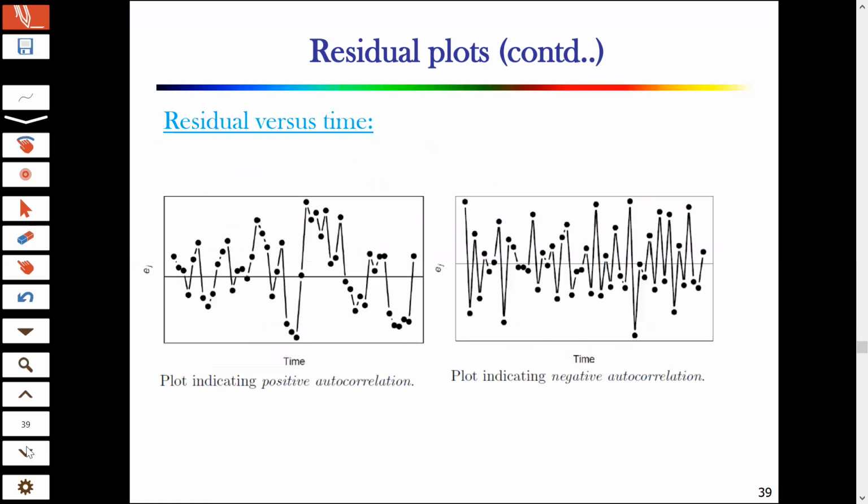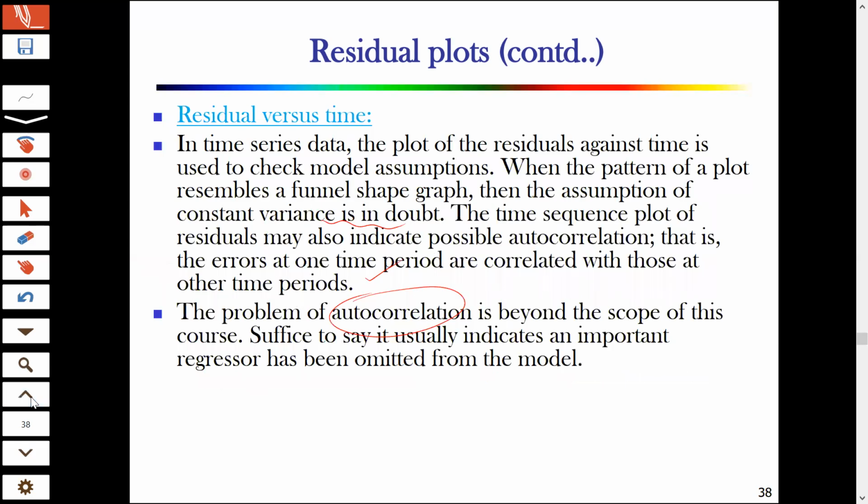If autocorrelation exists in the data set, look at here. The first one is the positive autocorrelation, and the second one is the negative autocorrelation. However, we are not discussing autocorrelation in this course, but if we calculate the residuals and the residual terms are correlated, then we can say there is a problem of autocorrelation.